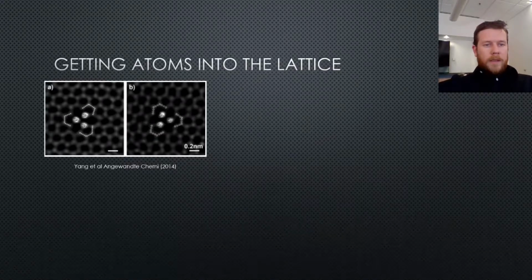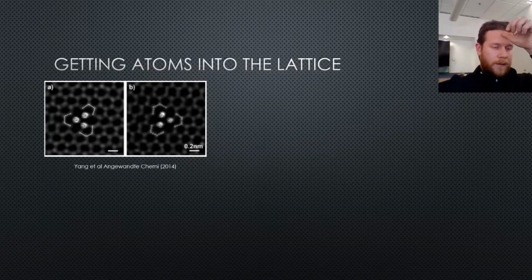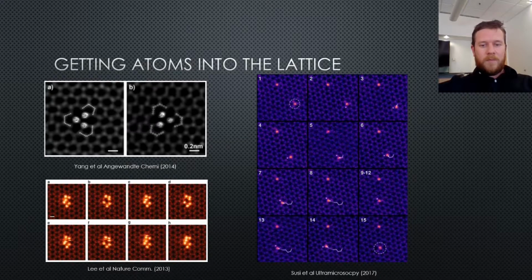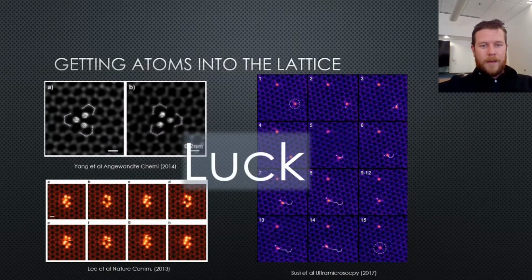So in the recent past there have been several very interesting studies of silicon dopants in graphene, and it kind of sparks your curiosity as to how these things get there. And it turns out that they got there by luck, and there's something to be said for luck.